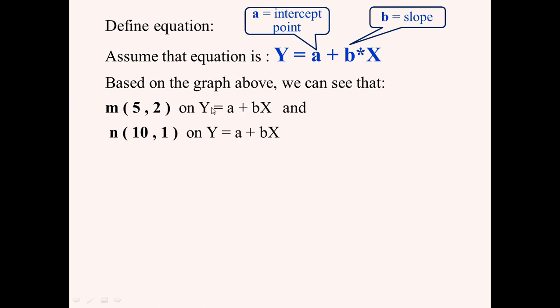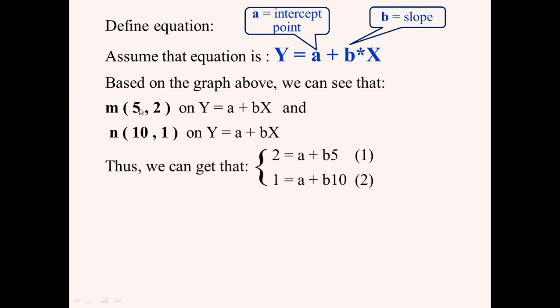Because M is on this line, the information of M must be consistent with the equation, so we can substitute. This is x, this is y. So for M, y is 2 and x is 5. When we write the coordinates of a point, we put x first and then y.